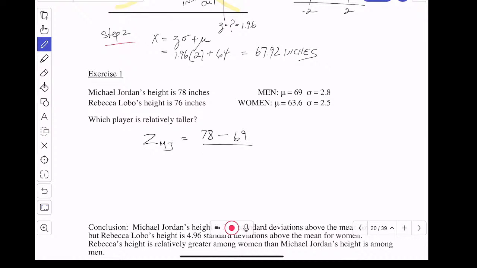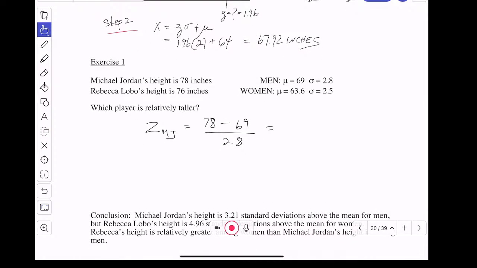So I'm going to standardize 78 and convert it into standard deviations from the mean. And when I do that, what do you get? So he's an outlier. He's 3.21 standard deviations above the mean. He's an outlier.